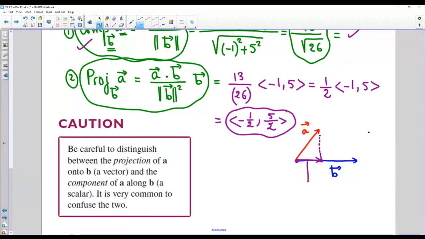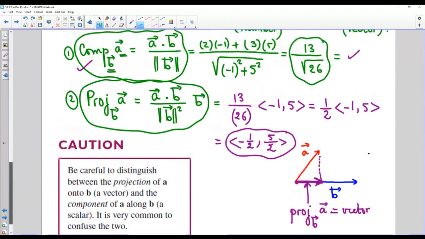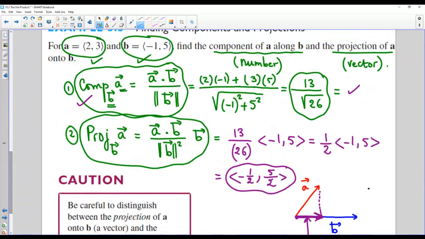And the vector itself is what we call the projection of A onto B. This is the vector that you see here. This vector is the projection of A onto B, and the magnitude of this vector is actually the component. Yeah, like that.